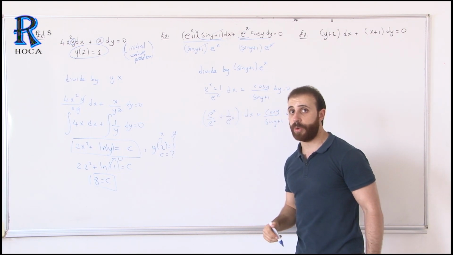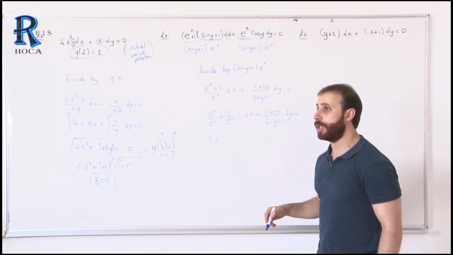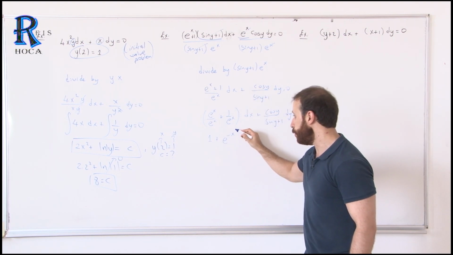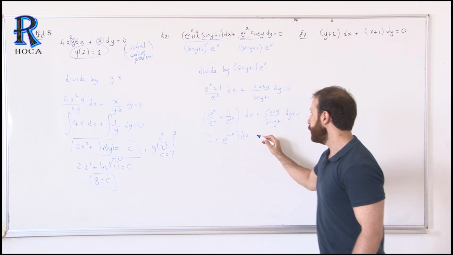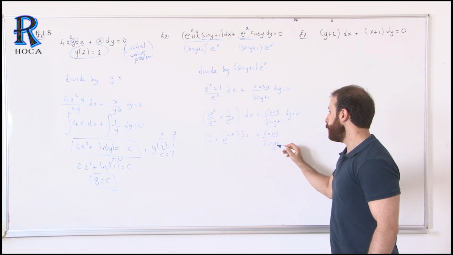So exponential x over exponential x we know is 1. 1 over exponential x means exponential minus x if we send it to the numerator, dx. And here cosine y over sine y plus 1.